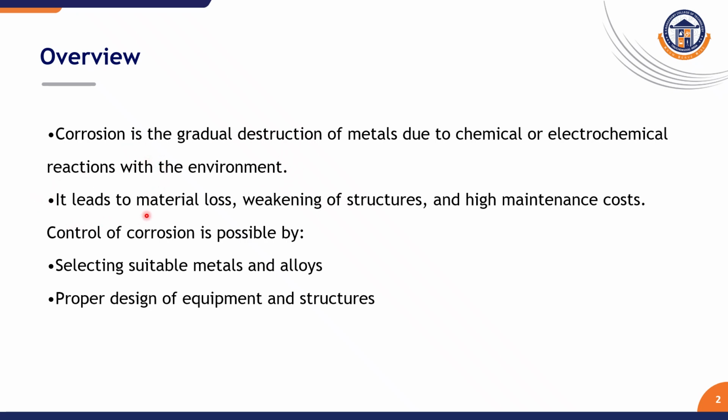It leads to material loss, weakening of structures, and high maintenance cost. Corrosion can be controlled in some ways. What are the ways? Selecting suitable metals and alloys, and proper design of equipment and structures. All these we are going to see in our video now.